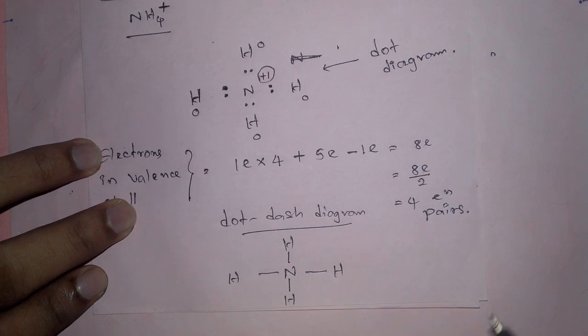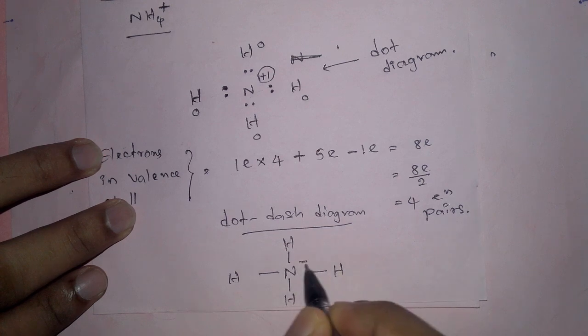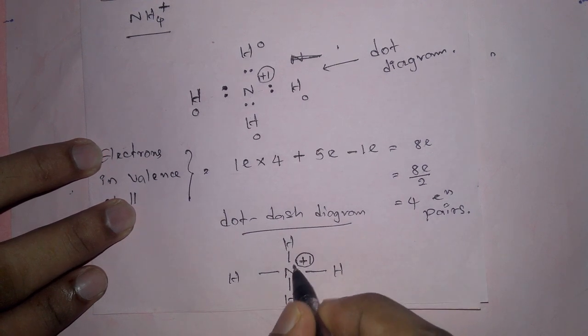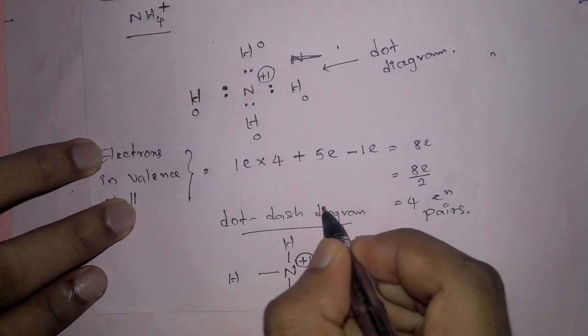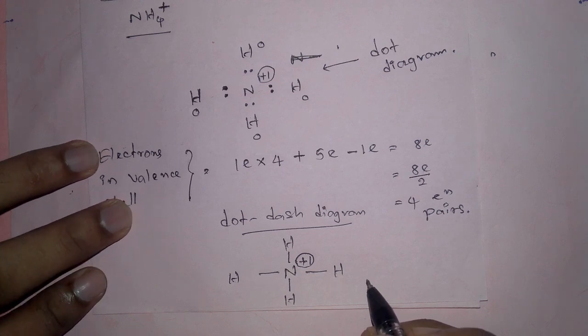Respectively, there are 4 single bonds in the ammonium ion. Next you have to mark the formal charge of nitrogen close to the nitrogen atom. This is the Lewis dot dash diagram of the ammonium ion.